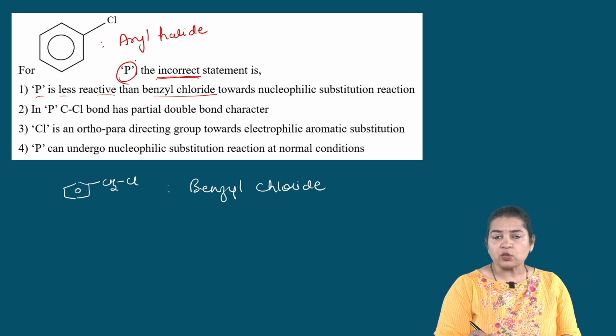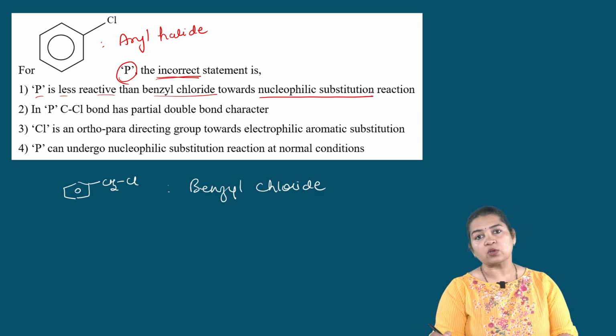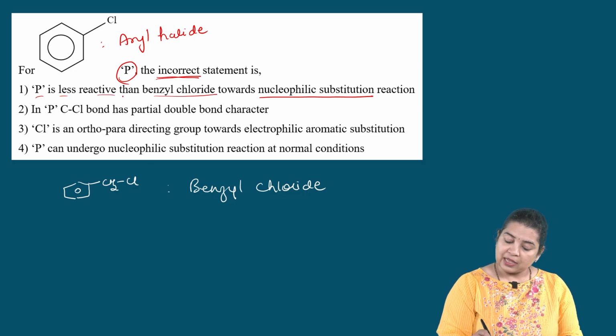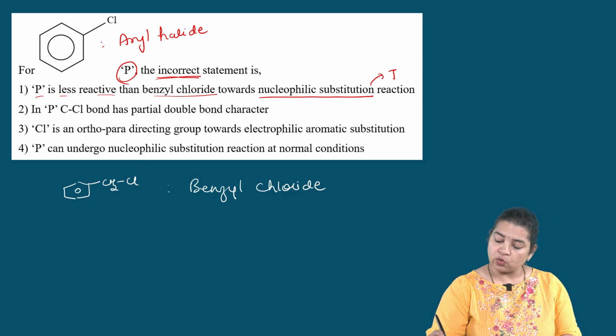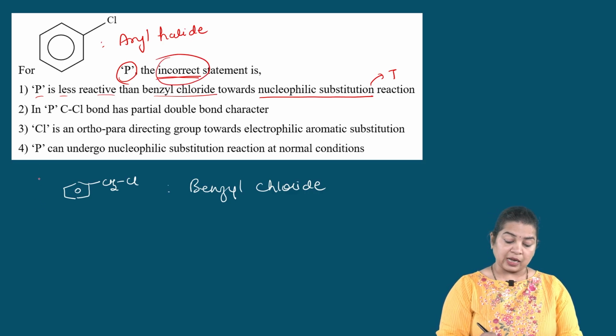So as compared to aryl halide, for all types of nucleophilic substitution, whether SN1 or SN2, benzyl chloride is much faster, right? So P is less reactive. Yes, that is a true statement, and we are asked to mark incorrect. So this can't be the answer.